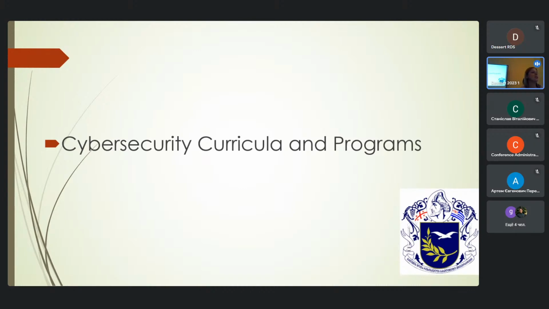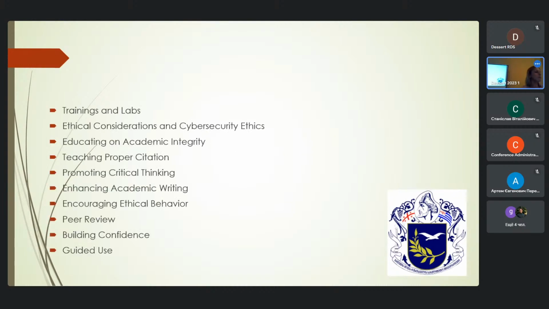To address the demand for cybersecurity expertise, many higher education institutions now offer dedicated cybersecurity programs and courses. These curricula cover a wide range of topics, starting with network security, ethical hacking, cryptography, digital forensics, and many others.